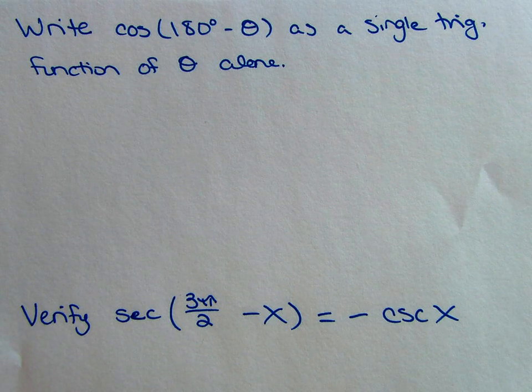So we're going to write cosine of 180 degrees minus theta as one single trigonometric function of theta alone. Right now it's a difference. It's a cosine of differences. And we don't want that. We want it to just be a nice single cosine. So in order to figure that out, we're going to spread it first, because since it's a cosine of differences, we can separate this out.